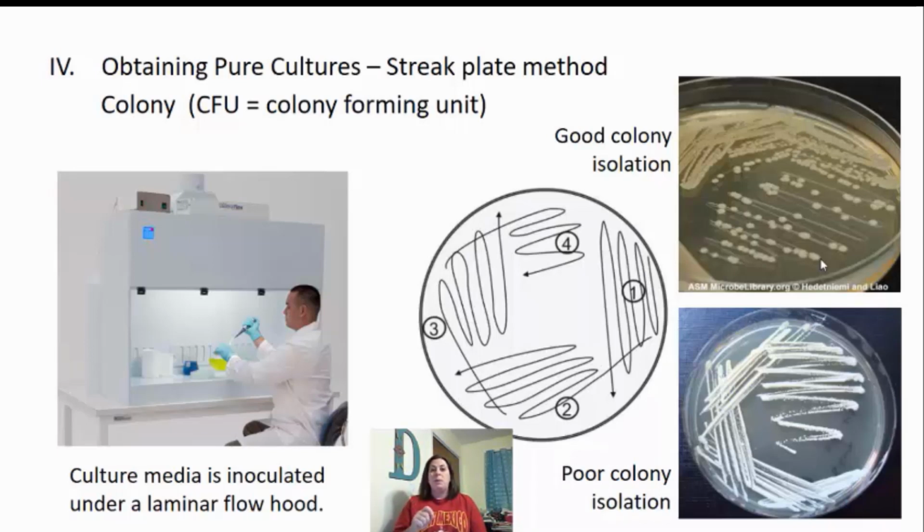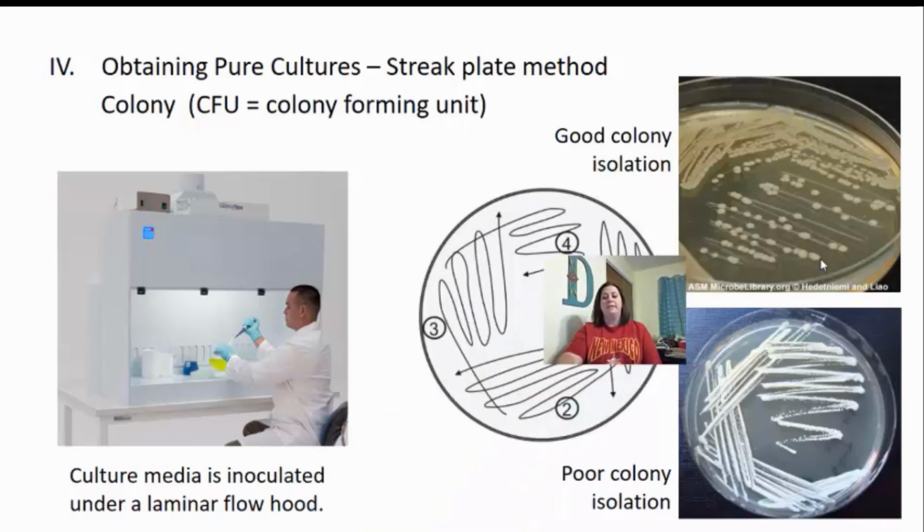When you sterilize the loop again, let it cool, and you're going to drag a little bit from area 1, and you're going to then go and streak through area 2. Again, sterilizing the needle or the loop. Once it's been sterilized and it's cooled, you do the same thing where you drag through 2 into 3, and then finally 3 into 4. Hopefully then you've diluted it enough to where you get single colonies by the time you get to area 4.